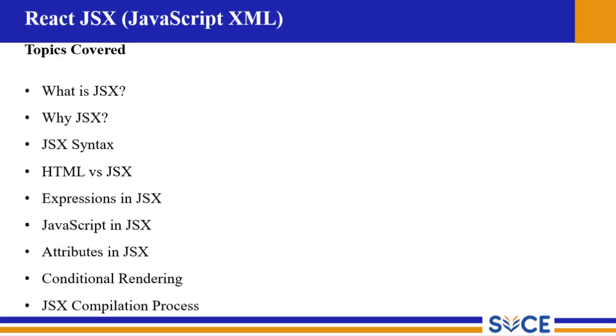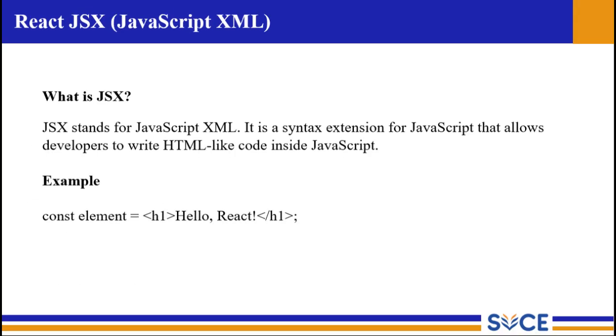So in this lecture, you will learn about JSX, the syntax for it, the comparison between HTML and JSX, how you write expressions in JSX, the attributes, the conditional rendering and the compilation process in detail. Let us begin by understanding what JSX actually means.